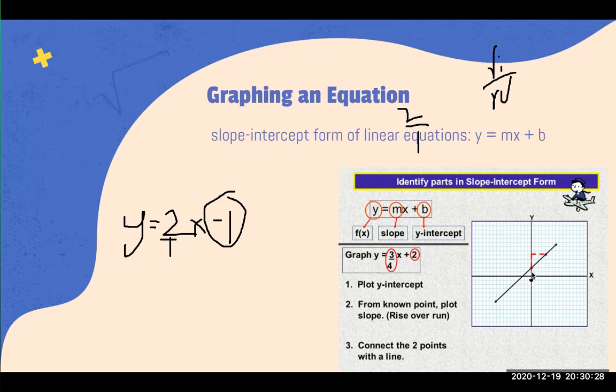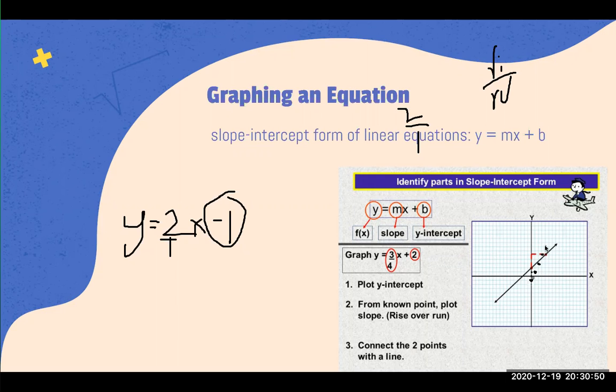So it goes 2 up, that's 1, 2, and it goes 1 to the side, 1 right there. So this is going to be the next point. And we just keep doing that. That's 2 up, 1 to the side, 2 up, 1 to the side.